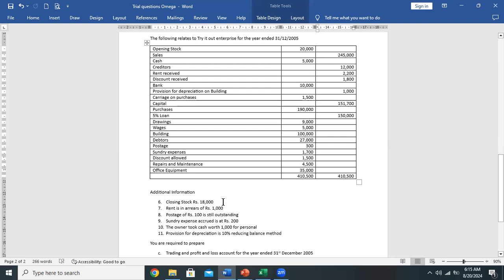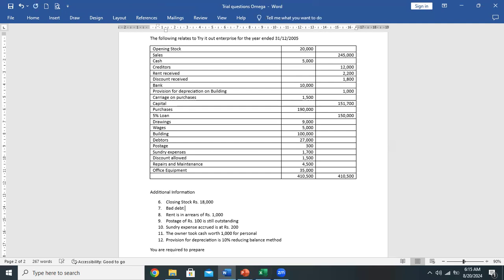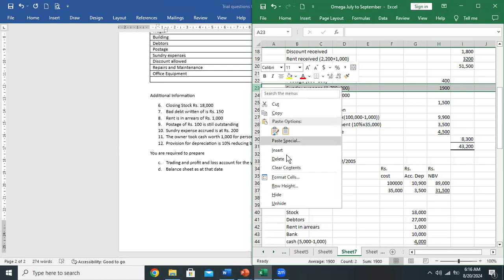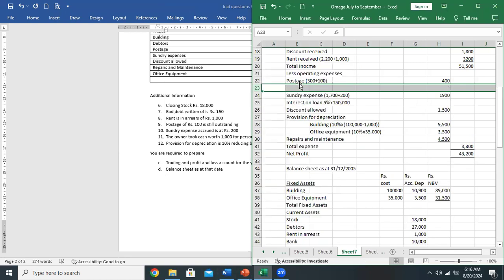So let me put in an example here. Let's assume that this question will have bad debt written off is maybe 150. So if you see this additional information, please, you go to your profit and loss account under your operating expenses, you put it in the bad debt, $150.